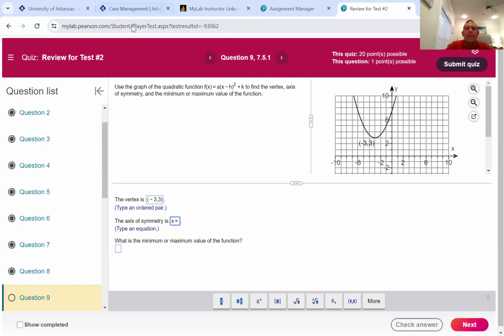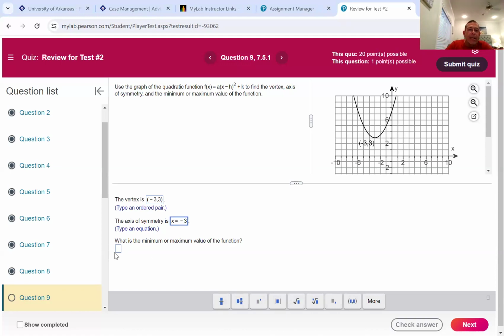Light my chat up, because if you remember, I used one of those for the axis of symmetry, those 2 points in the vertex, and I used one of them for the min or max. All right, a little shy on that. Okay, I'm going to go with that -3. Good job, Jamin. So x equals -3. The line of symmetry is always x equals the x value of the vertex.